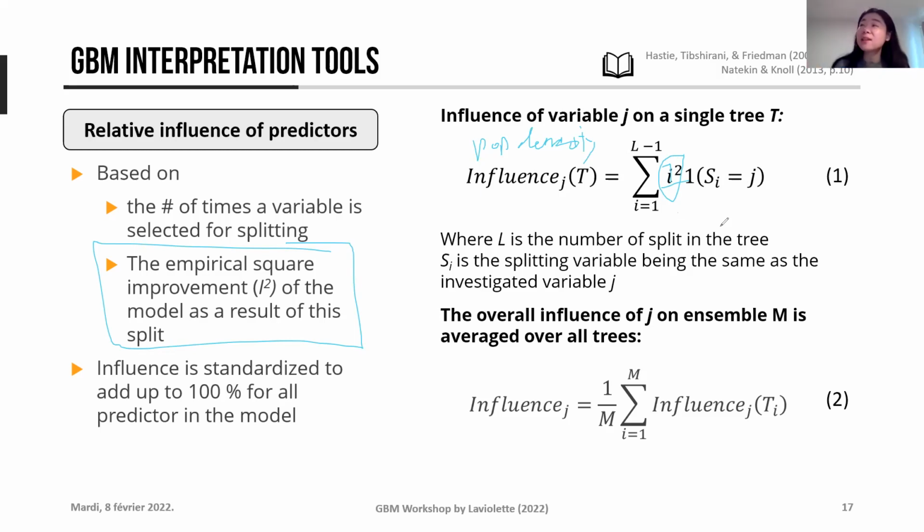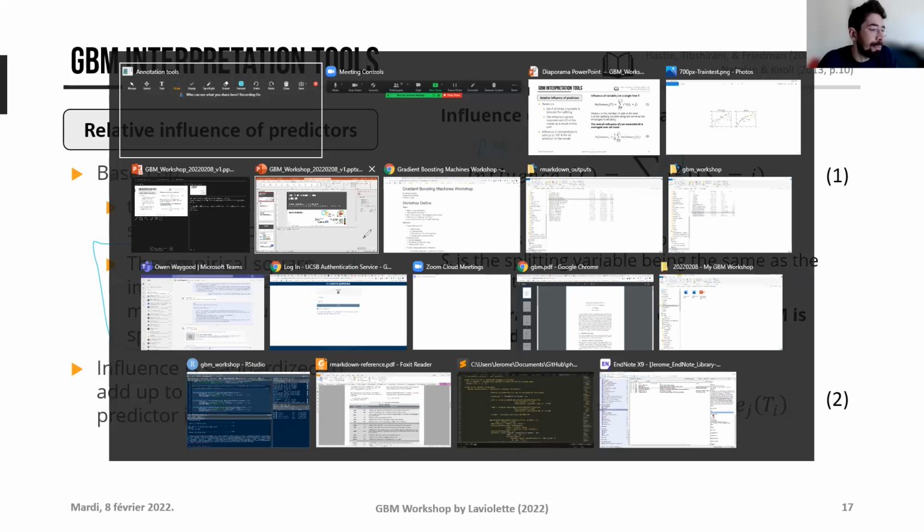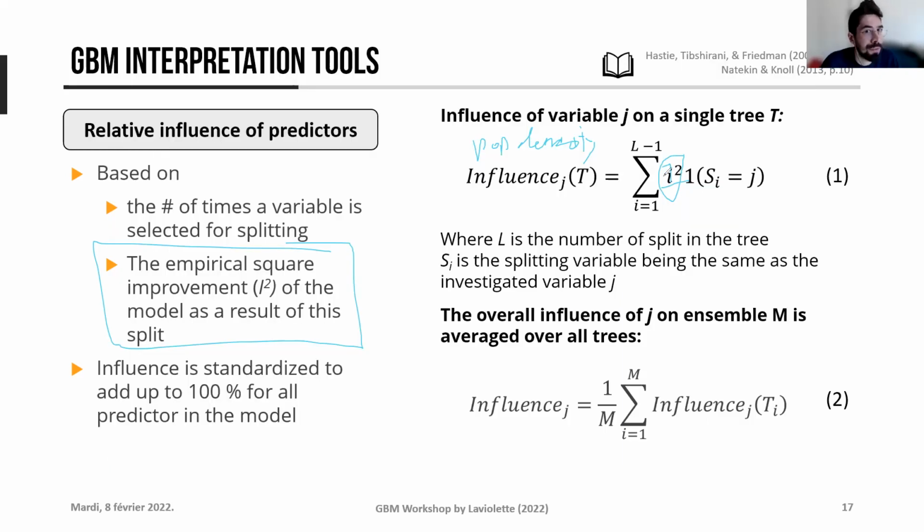Okay, you mean that each variable has an improvement for each split? Well, yeah, but this improvement could be very, very small. The variable could be there, but the improvement that the variable brings is very small, and thus the influence of this variable is not going to be very high.